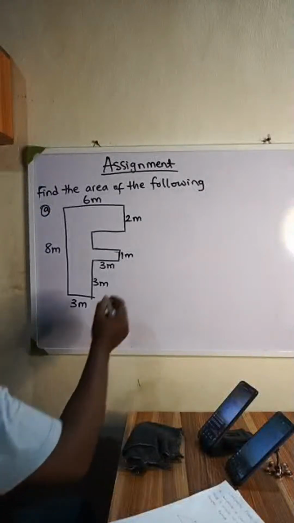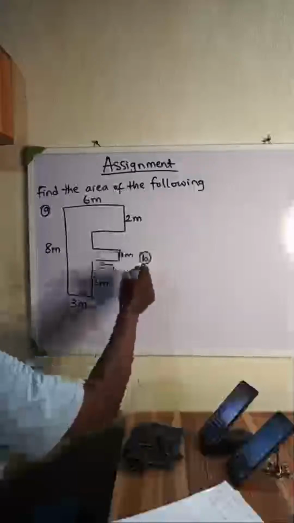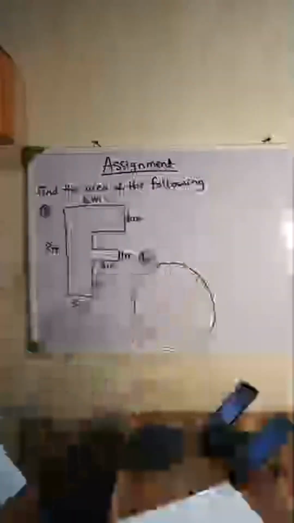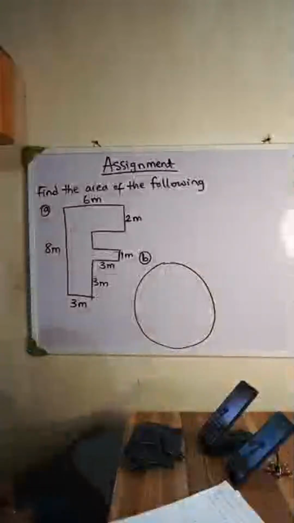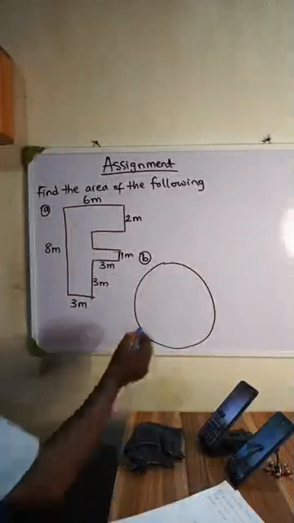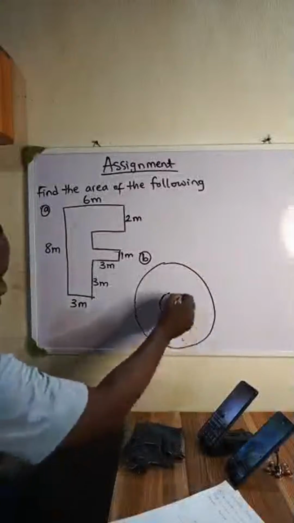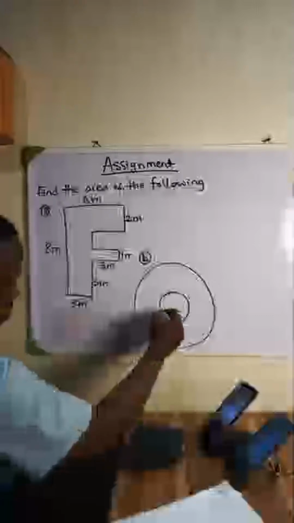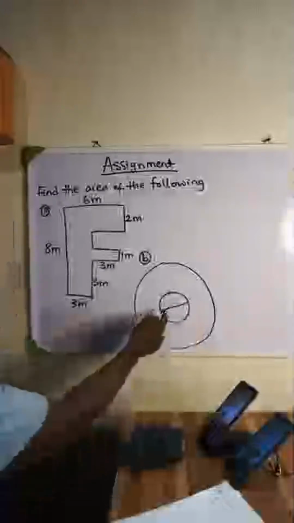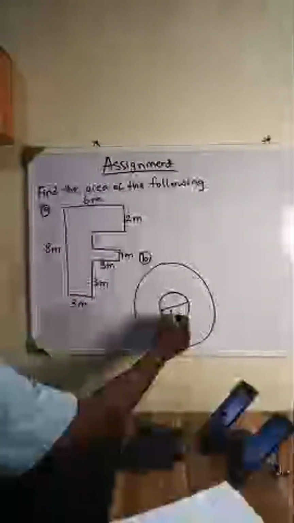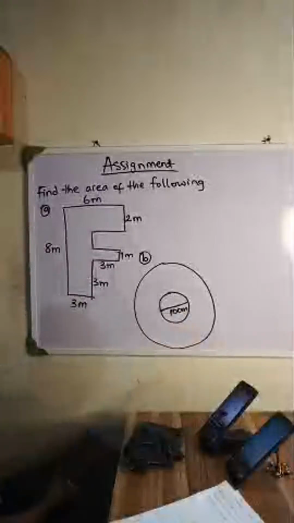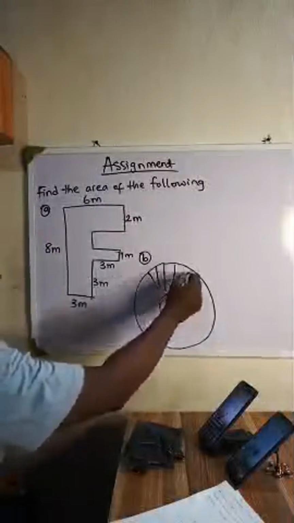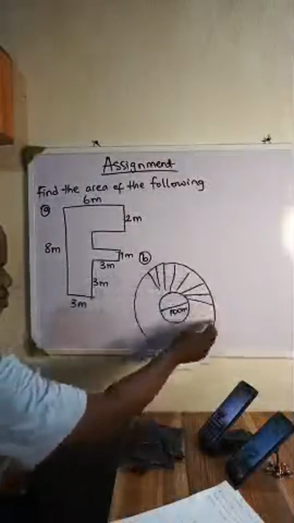Second one. Yesterday we looked at area of a circle. The diameter of this smaller circle is 10 centimeters. And then you're expected to find the area of this shaded portion.